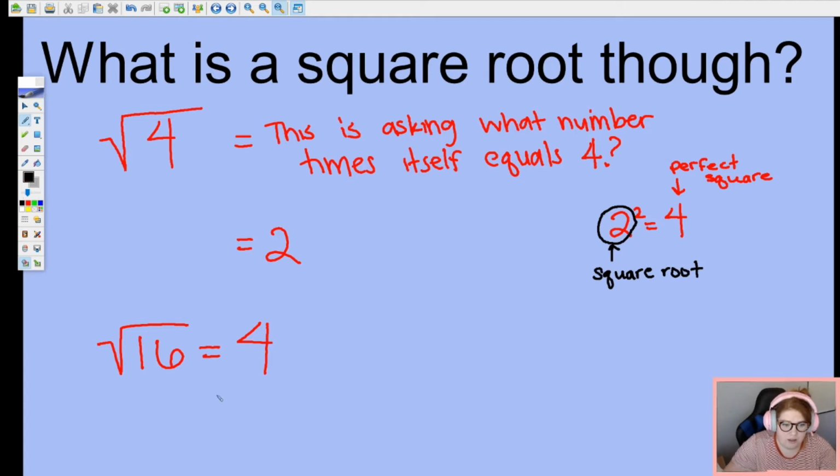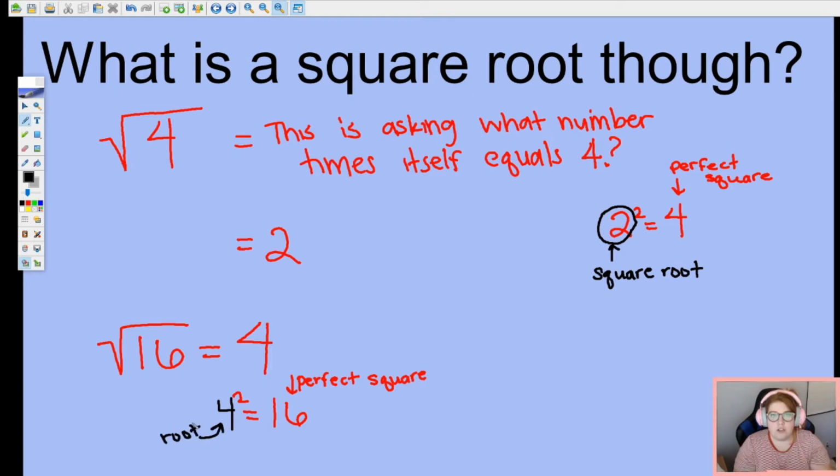Because 4 squared is 16. 16 is my perfect square, which means 4 is the root. So the square root is kind of doing the opposite, where instead of starting with the root and figuring out what the perfect square is, you're starting with the perfect square and going backwards, okay?